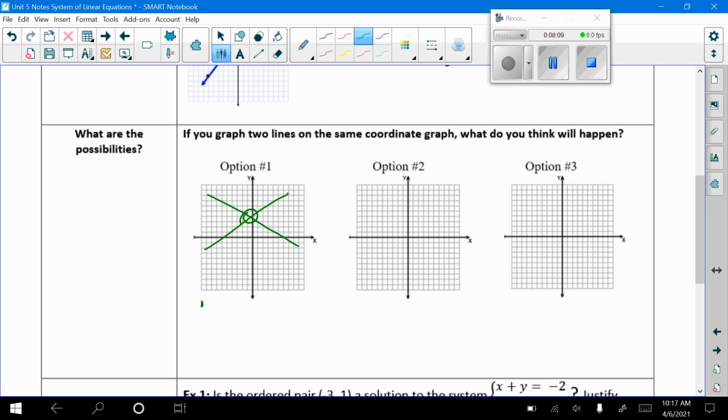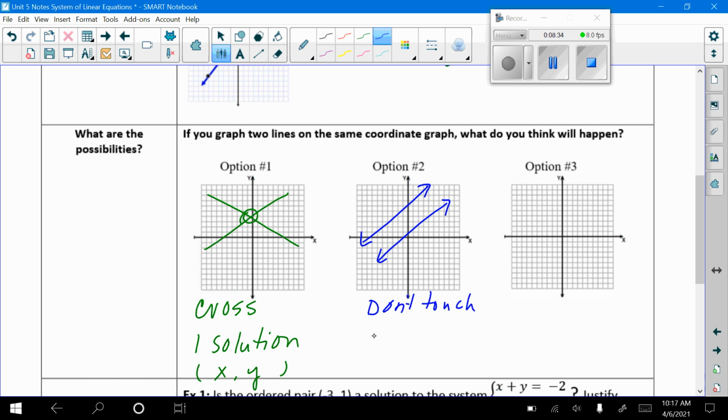So they cross and have one solution, and that one solution is going to be represented with an X and a Y. The second option would be that they never touch, which means no solution. And that means they are parallel.